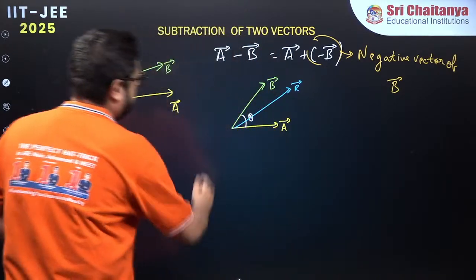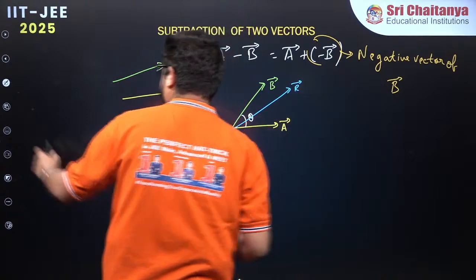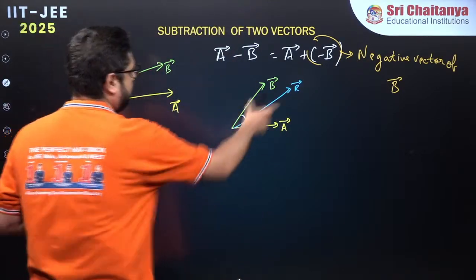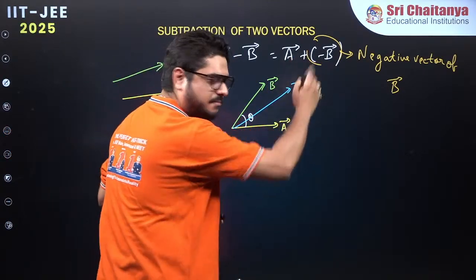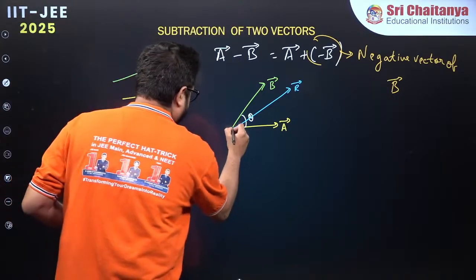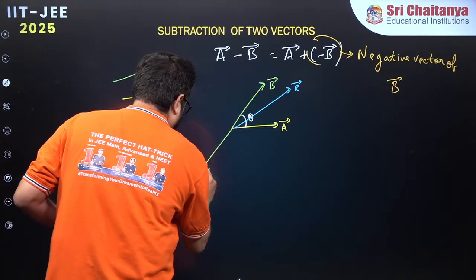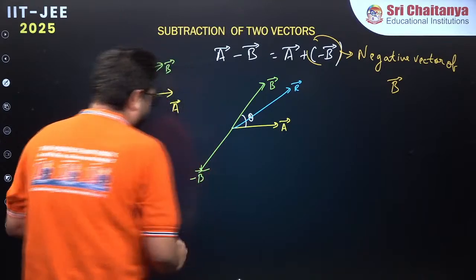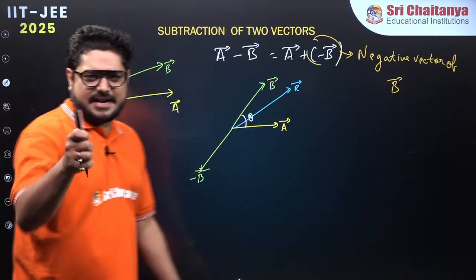So now I would like to follow this operation which I have scribbled in the upper section of this blackboard. So I will be drawing minus of B vector like this. Can I draw minus B vector like this, everyone? Those who can understand this can give a thumbs up. If yes, give me a thumbs up.